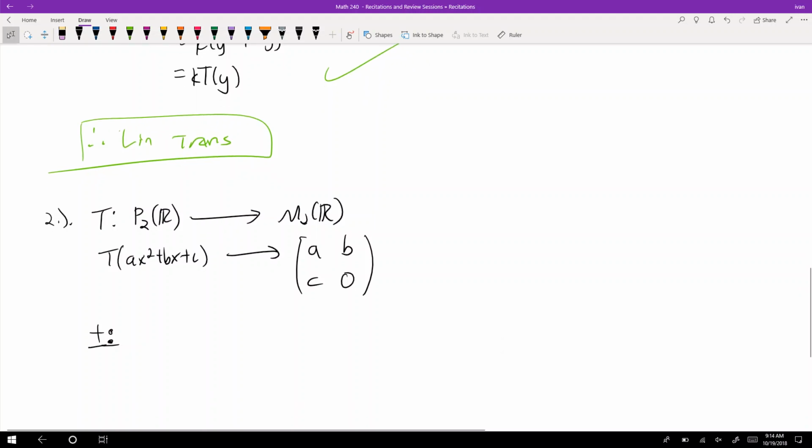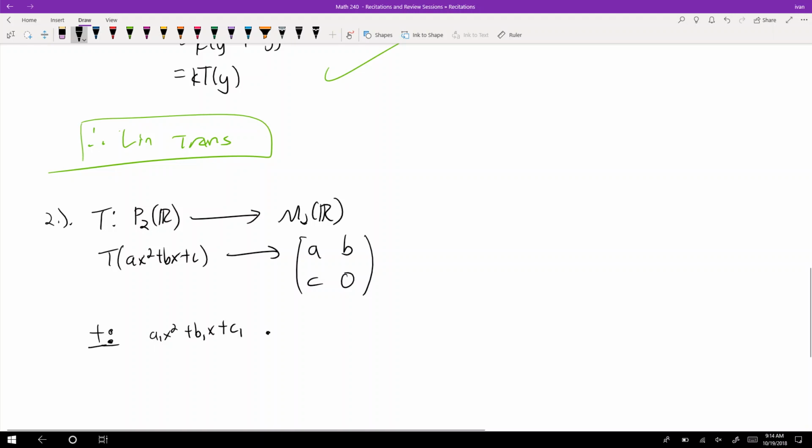Okay, so under plus. So what do you do under plus? We choose 2 arbitrary elements in the input vector space. So what are 2 arbitrary elements in my input vector space going to be? Yeah, like 2 quadratic functions? Yeah, so 2 quadratics, but we kind of have to specify them here. So we can't just be like y, because if you look at my input, they're written out. So, okay, let's call them a1x squared plus b1x plus c1.